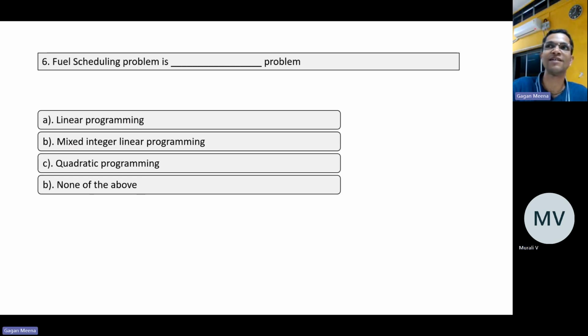So the generator will have some inventory, and when it is using, it has to keep a stock. For that, how much fuel should be used so that the cost of fuel is minimized? That is the scheduling problem. So let's say for a 3 week duration, each week how much fuel should be used and how much should be procured so that the overall cost of fuel is minimized.